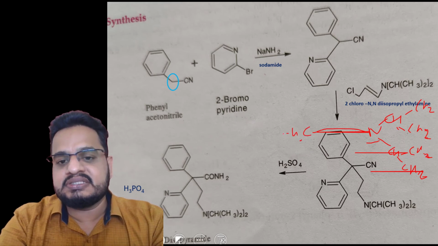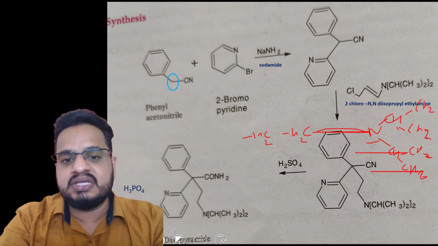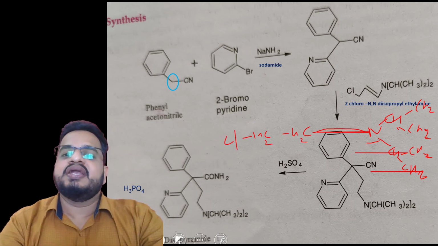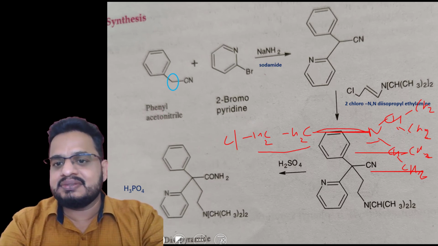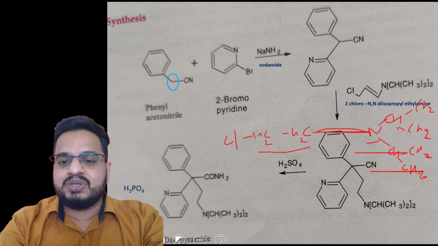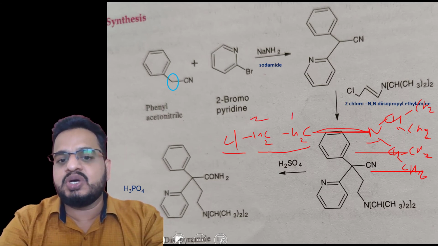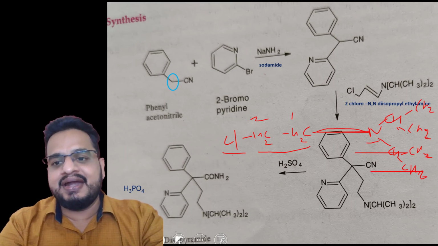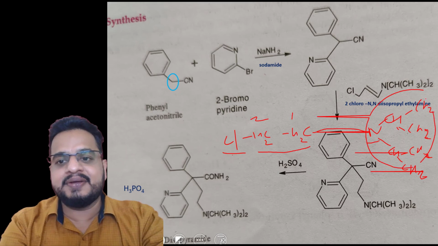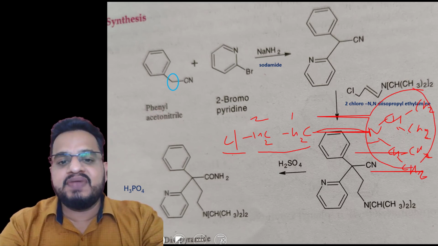So that is the CH, see, this is CH2, CH2, Cl. So this means this is ethyl. But to this ethyl, at the second position, it is chlorine. So this is 2-chloro-N,N-diisopropyl ethylamine. Understand?